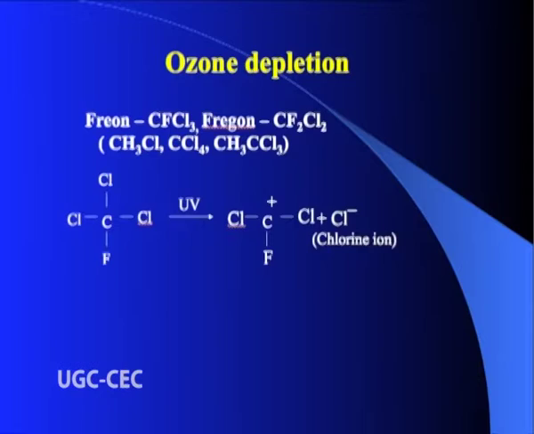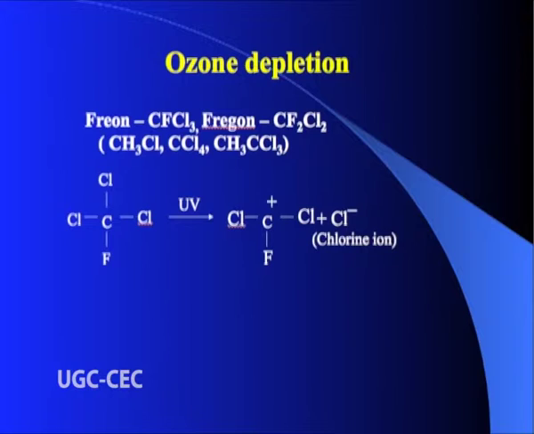Chlorofluorocarbons have 3 chlorine and 1 fluorine atom attached to the carbon. When they are released to the atmosphere, they reach the stratosphere, undergo photochemical cleavage by absorbing UV radiation, and then release a chlorine ion.